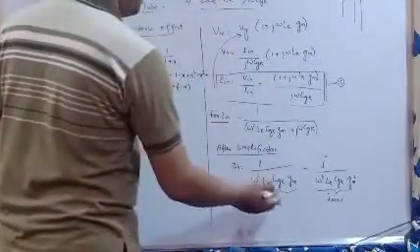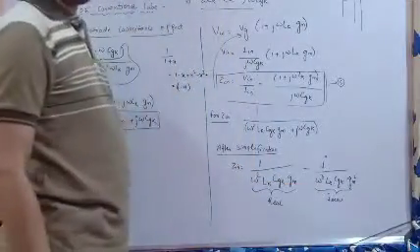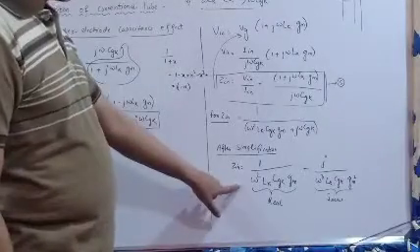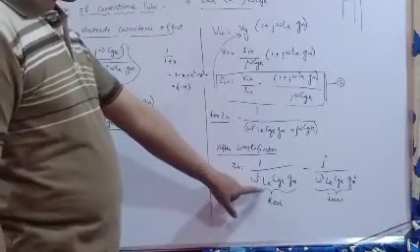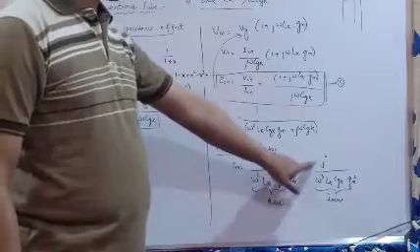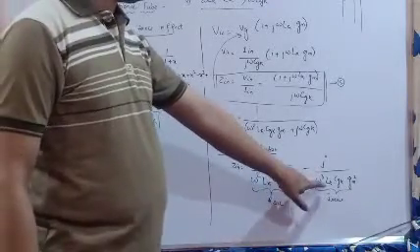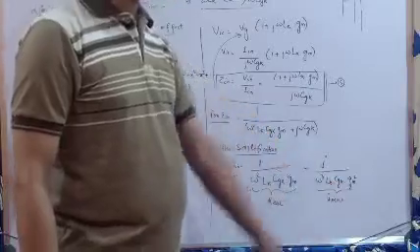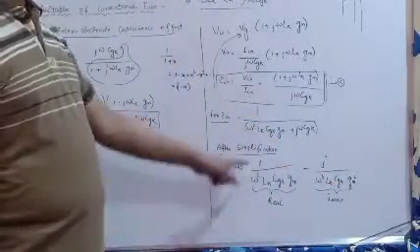So here you can see this is a real part and this is an imaginary part. The real part is 1 by omega square Lk Cgk and Gm, and the imaginary part is omega cube Lk Cgk and Gm square.